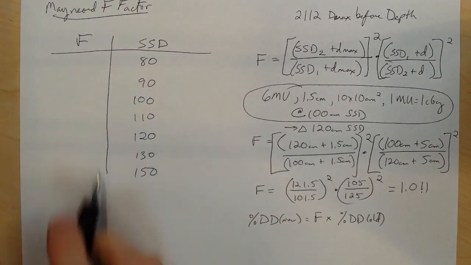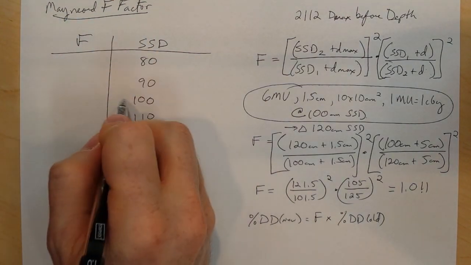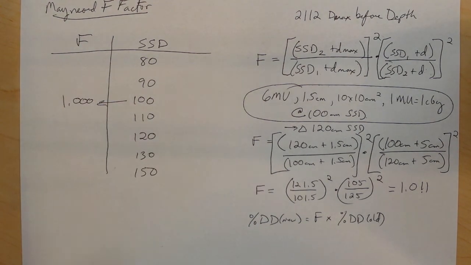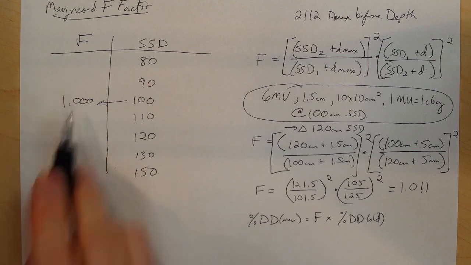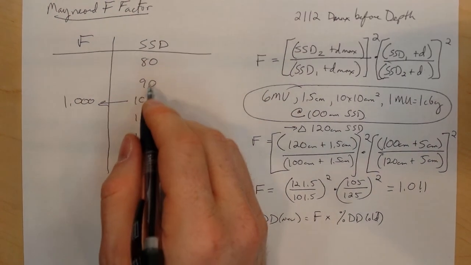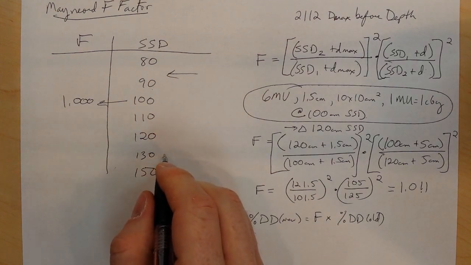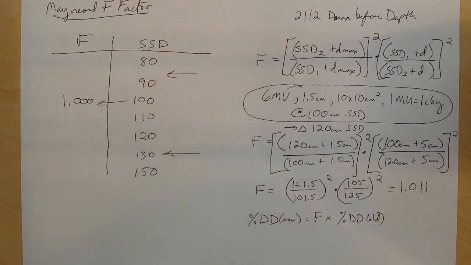I would like each of you to calculate the Mayneord F factor for all of these. At 100, this had better be 100%, so just 1.000. Everything here had better be smaller. Everything here had better be greater. All right?